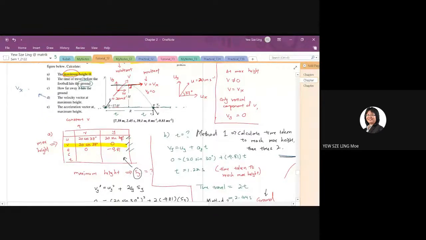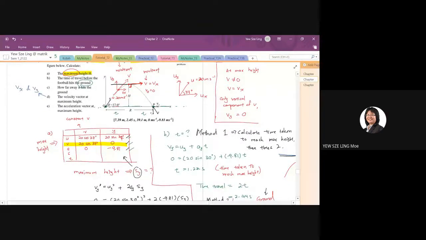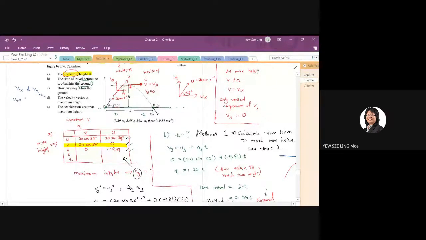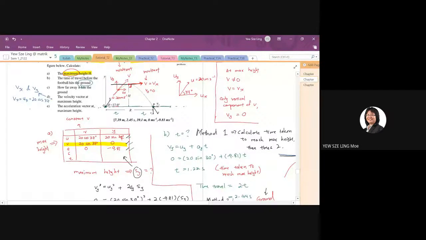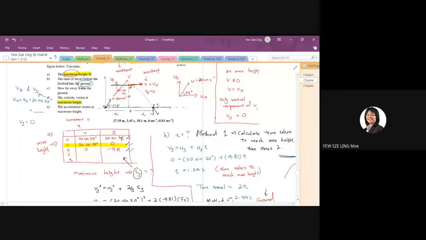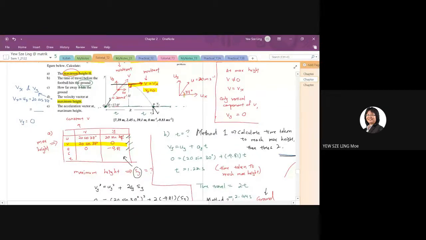Vx is equal to Ux, which is 20 cos 37 degrees, so you calculate the answer. And Vy, like I told you just now, at maximum height Vy is equal to 0. So at maximum height, you have only the horizontal component.